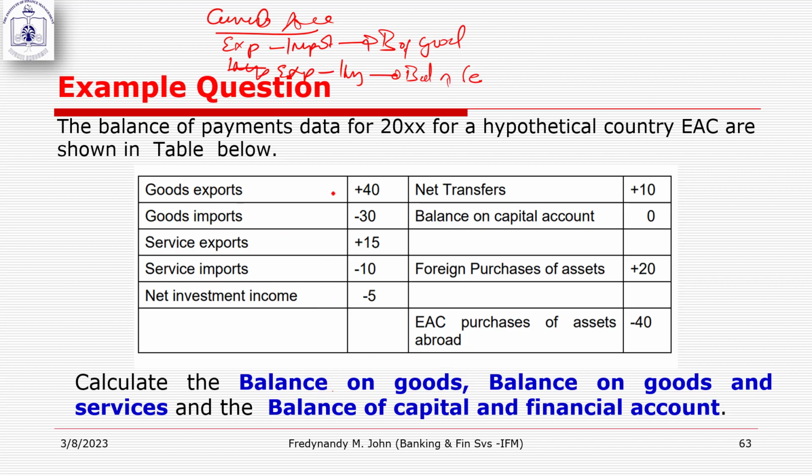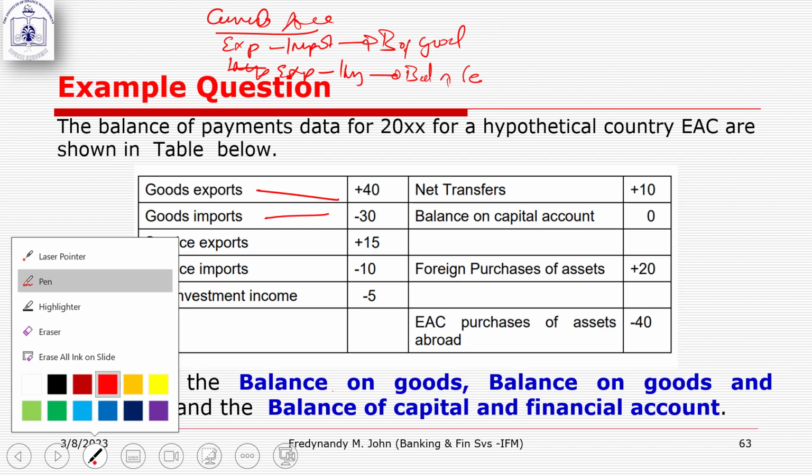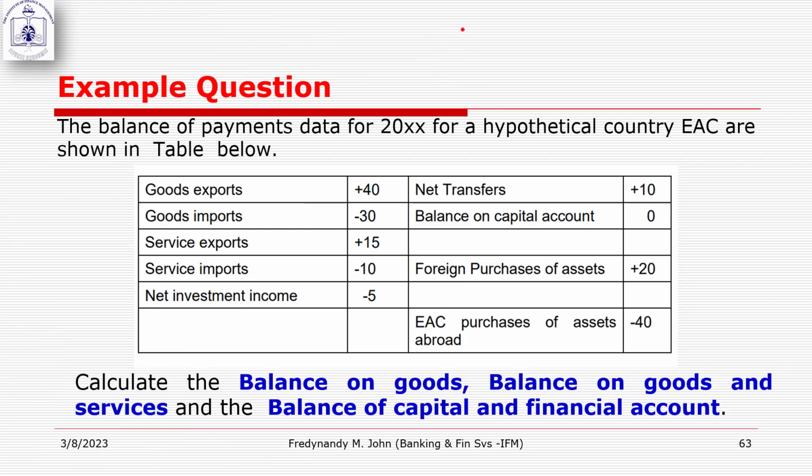Now here, we're required to compute balance on goods. The value for goods is 40 for export and 30 for imports. Therefore, here we can confidently obtain the balance on goods by taking the amount for exports minus imports.